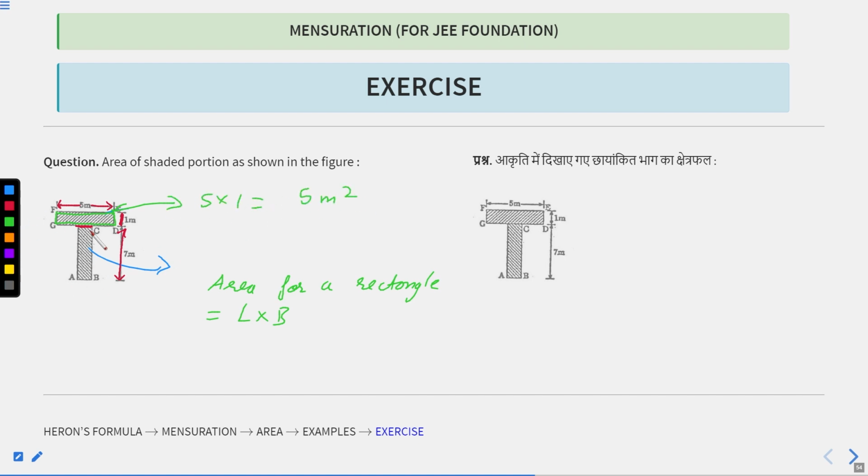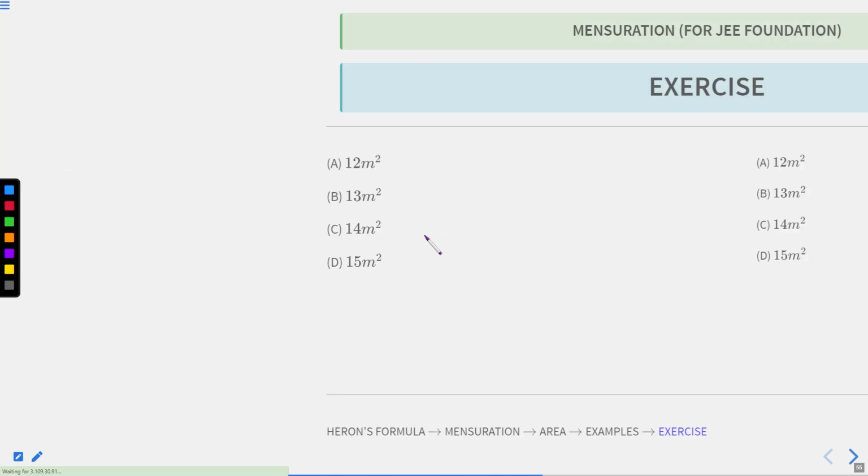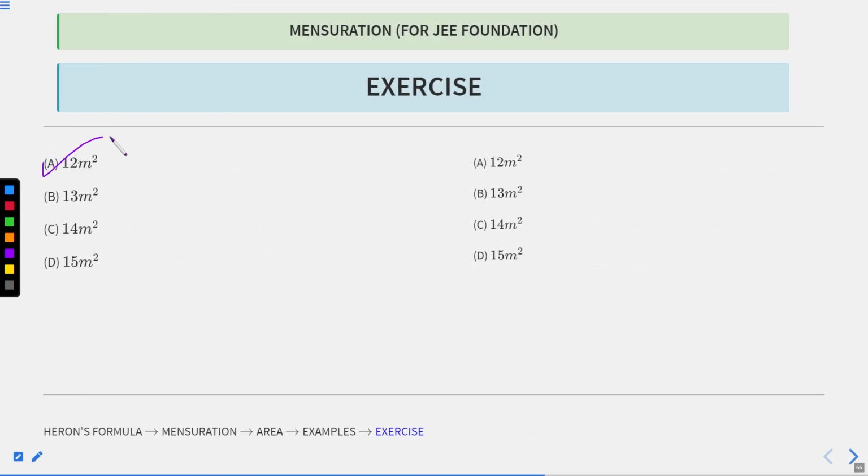For this rectangular piece, the area is equal to 7 times 1, which is 7 meter square. The total area, or the area of the shaded portion, is the sum of these, which is 12 meter square. I hope this is clear to you. So 12 meter square is my correct answer.